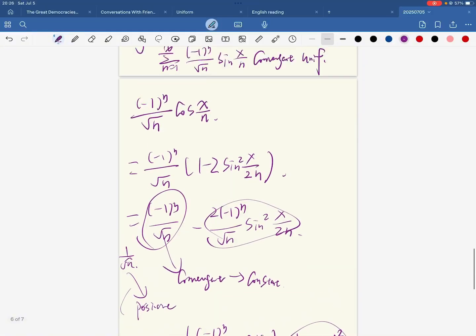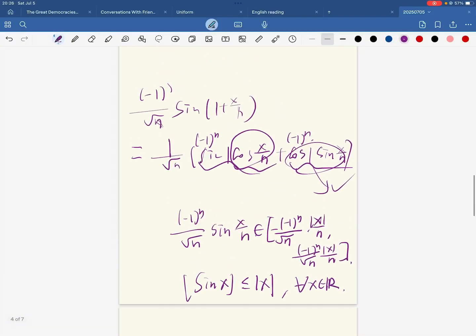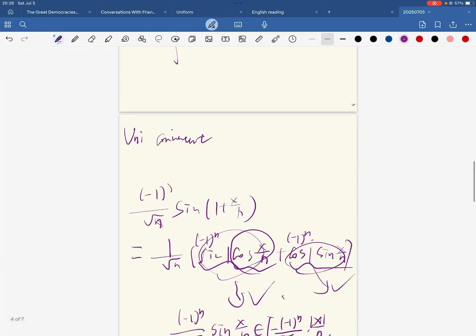So we have also proved that this term is uniformly convergent. Therefore, we have proved that the series is uniformly convergent.